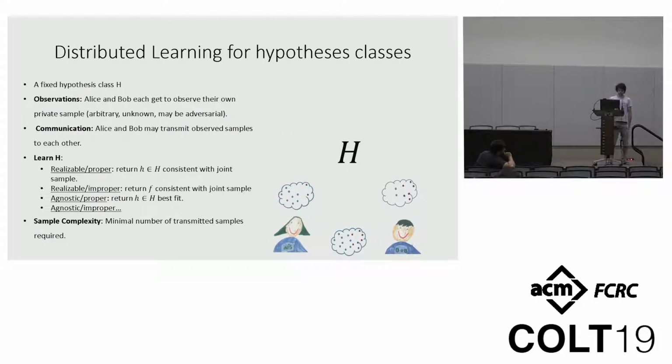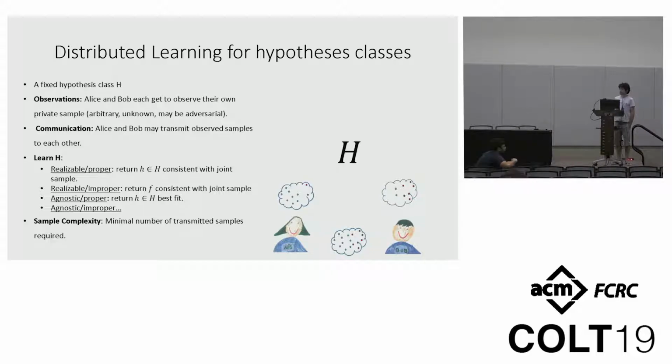Okay, so I think the model is kind of natural after this question. Instead of half spaces, we can think of any hypothesis class. Alice and Bob get to observe their sample. Maybe it's not even blue labels for Alice and red labels for Bob. Maybe they each get to see both labels.